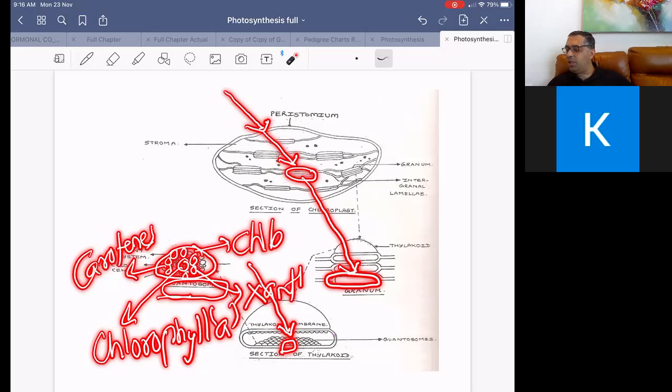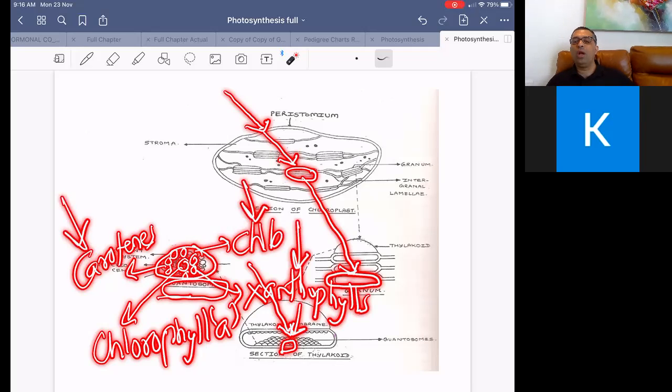All these other pigments are present, and they will absorb solar energy. So carotene, chlorophyll B, and xanthophyll will absorb solar energy, and all that energy will go into electrons.